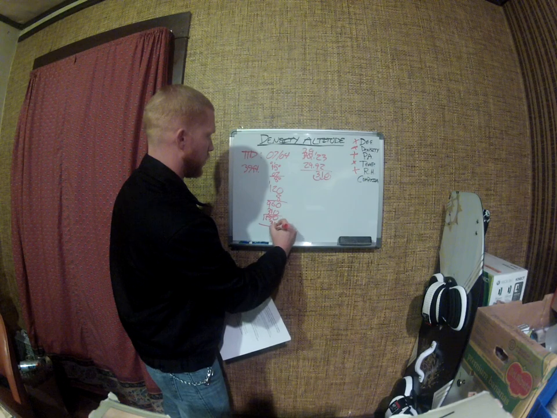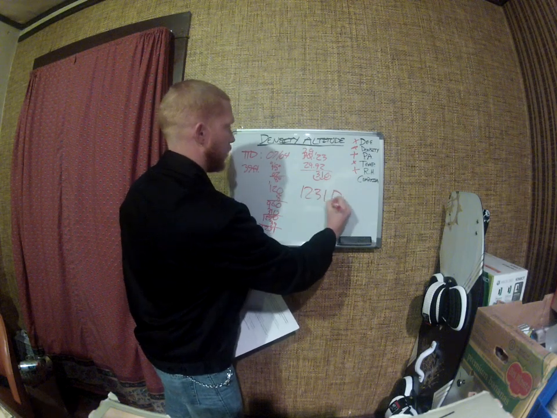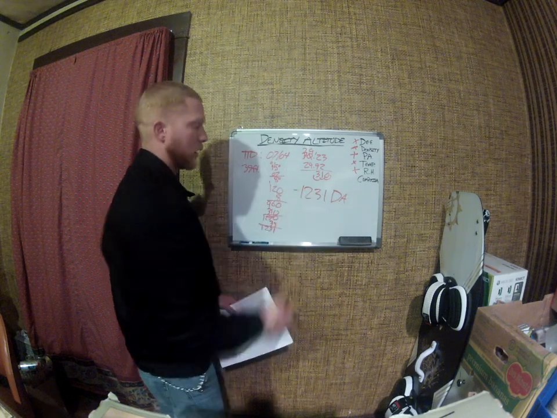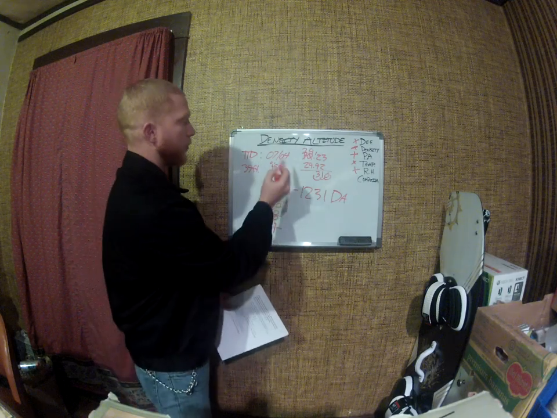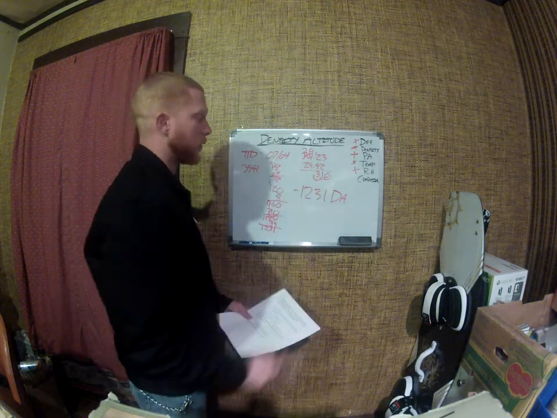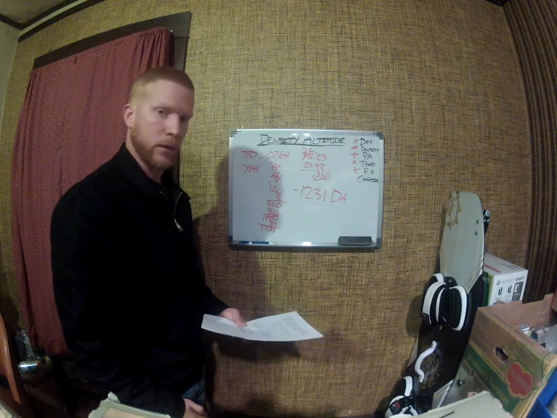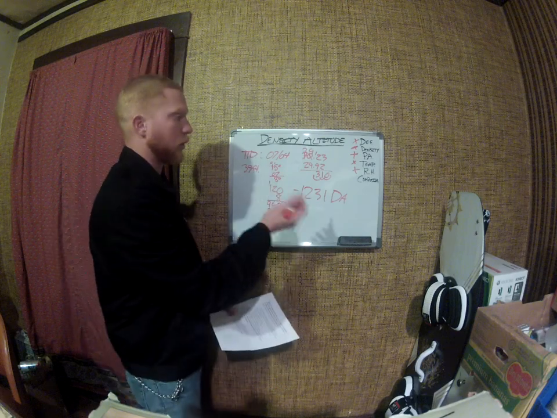So 1,231 feet is our density altitude, negative, because we have better performance with the colder air and better performance with the higher air pressure. So we're 1,231 feet below the standard datum plane, considering our temperature and our pressure.